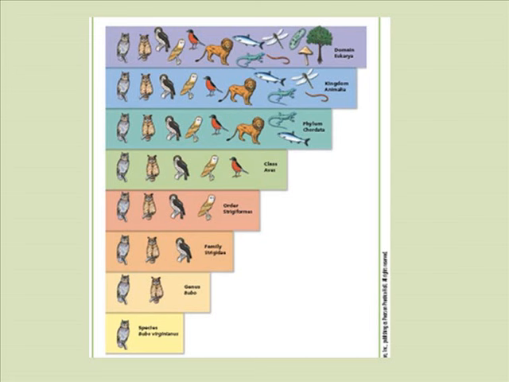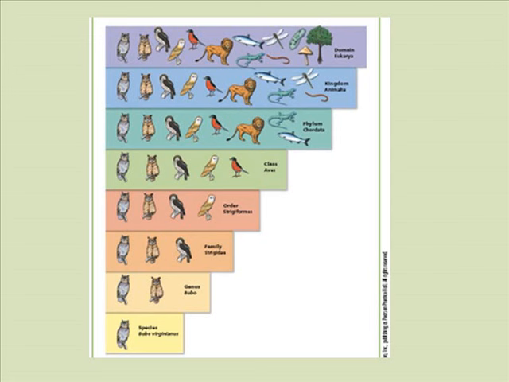Now if we drop down one to Kingdom Animalia, you'll notice that we had to knock out a few of the pictures, because when we go to Kingdom Animalia, we're talking about just the animals. So we had to take out the protist, we had to take out the mushroom, and we had to take out the tree. We drop down another one to phylum, we're talking about phylum Chordata. Chordates are any animal that has a backbone.